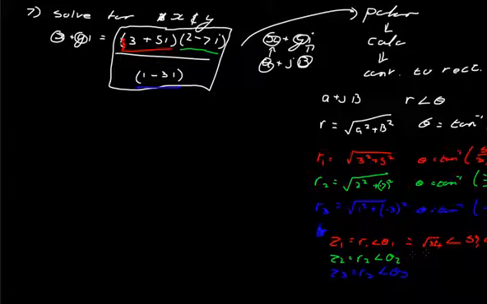Okay, then let's do our second number, 2 minus 7i, in polar form. That gives 7.28 angle negative 74.05.